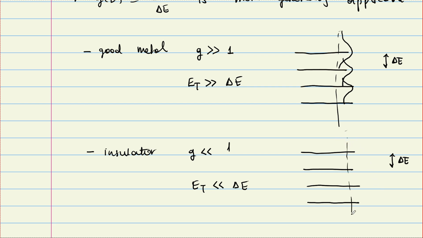Their overlap is going to be negligible, right? So these are well separated energies that do not speak to each other, and if your electron ends up in one of them, it's going to be trapped in that one, and it's not going to give any conduction.